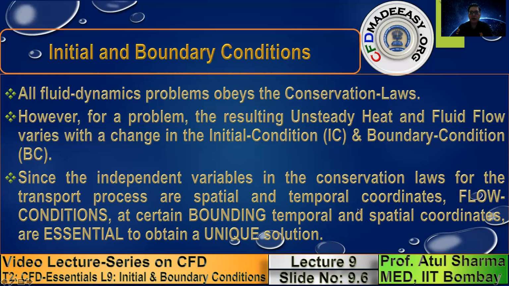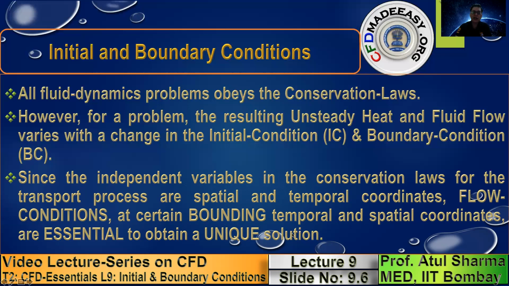Flow conditions at certain bounding temporal and spatial coordinates are essential to obtain a unique solution in fluid dynamics. When I say bounding with respect to time, whenever we start a simulation, there is an initial time, t equals 0. So the initial time and the final time of the simulation are the bounding times. So we need flow conditions.